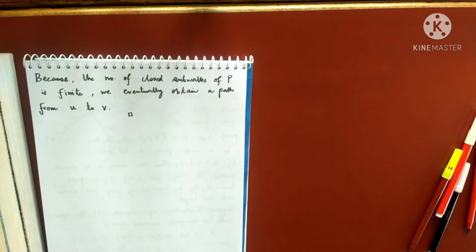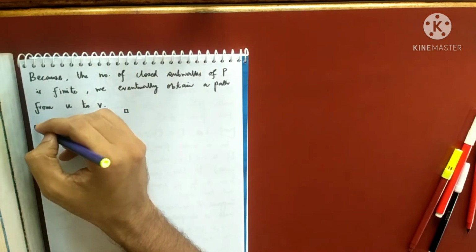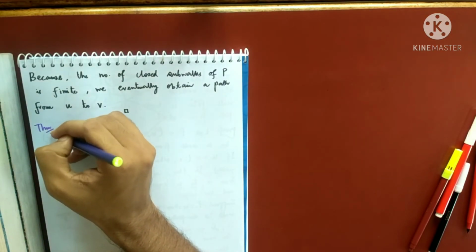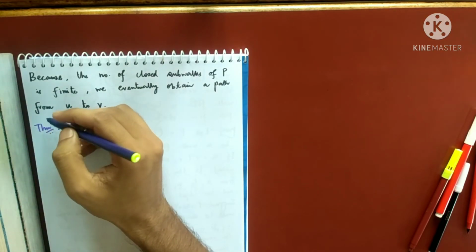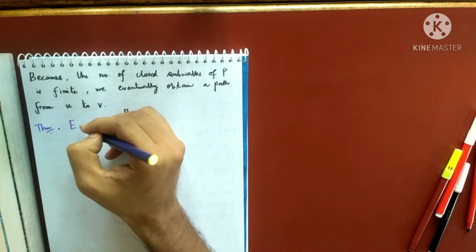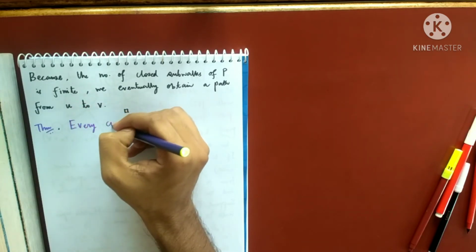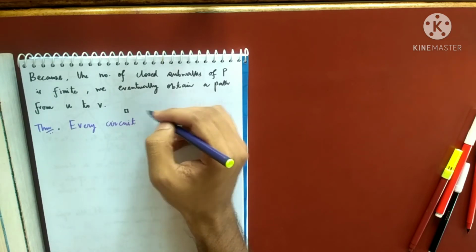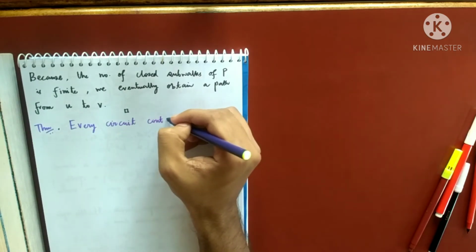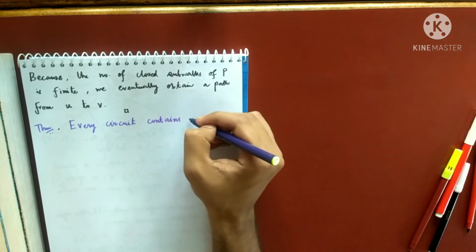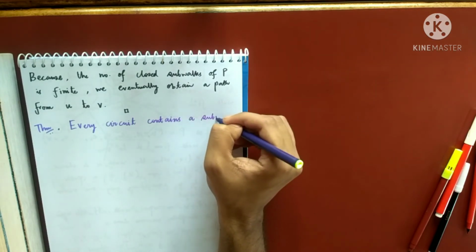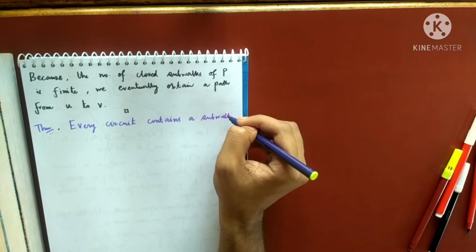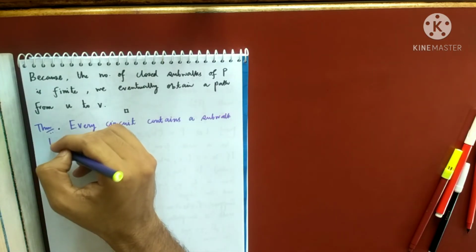Okay. So in a similar manner, you can show this. I will not do the proof of this theorem, so keep this as a home task. Every circuit contains a subwalk which is a cycle.